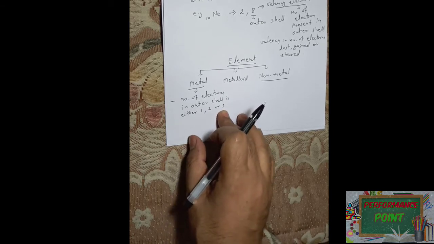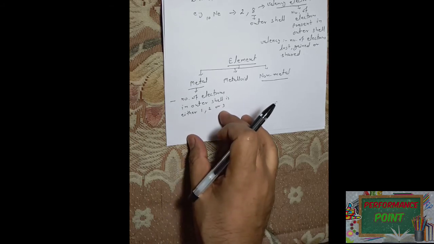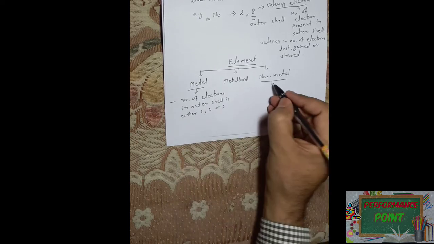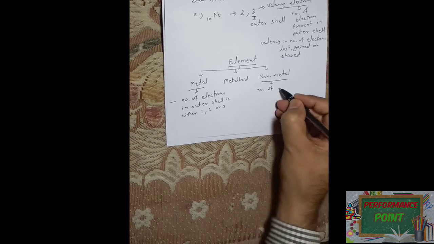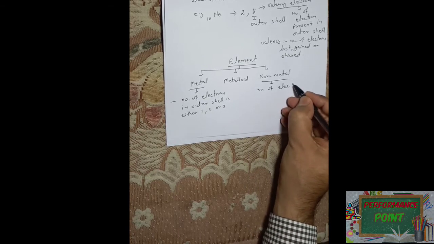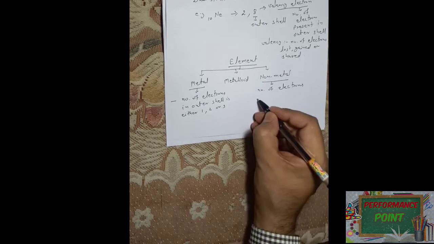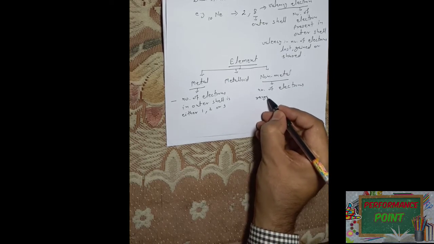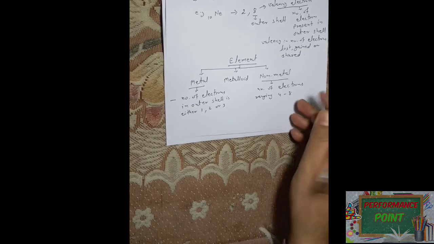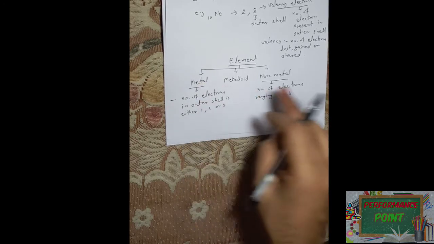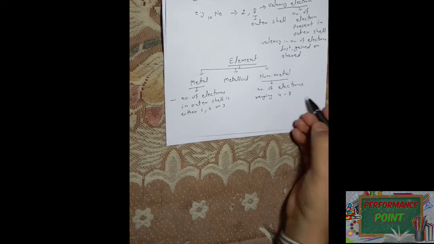Now if metals have 1, 2 and 3, non-metals have a number of electrons ranging from 4 to 8. Why am I saying 4 to 8? Because 8 is also categorized in non-metal.